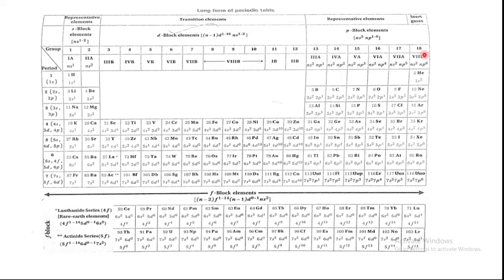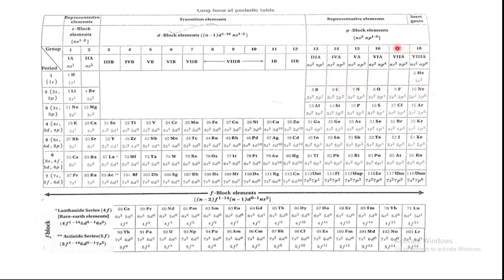Most of them form covalent compounds, although ionic character increases continuously down the group. Elements of this block are non-conductors of heat and electricity, and the electronegativity increases from group 13 to groups 14, 15, 16, 17 and 18.